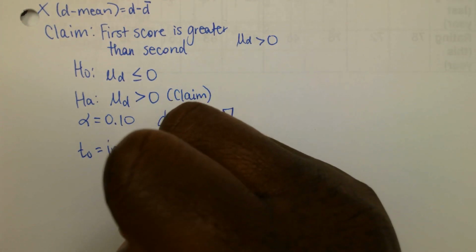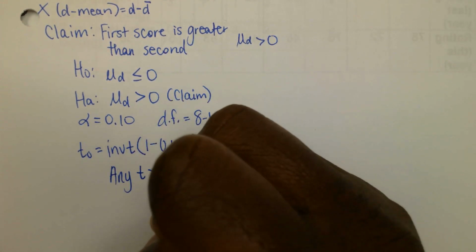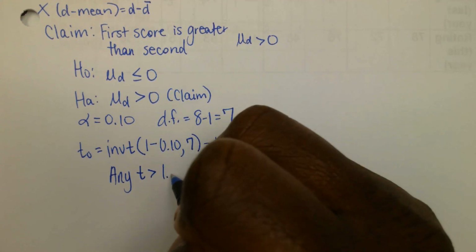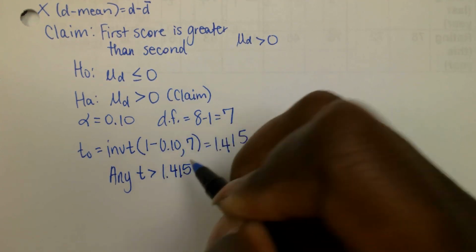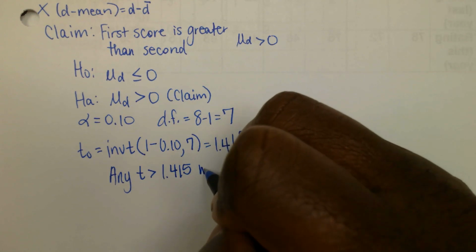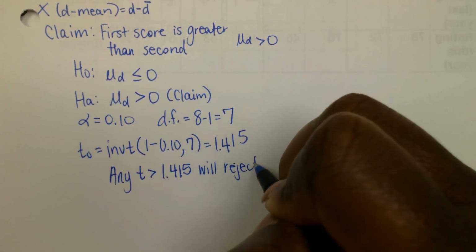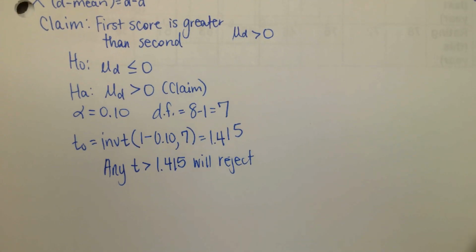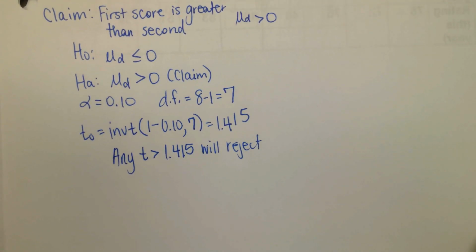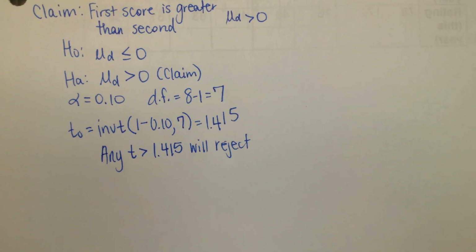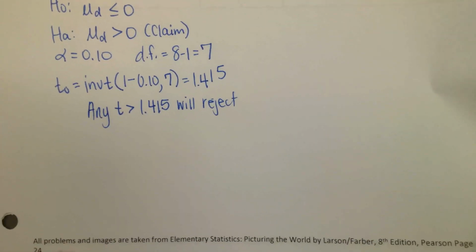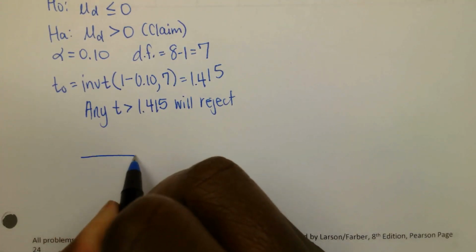So any t greater than 1.415 will reject. I like to draw, so if you want to draw your graph real quick, let me just draw it.